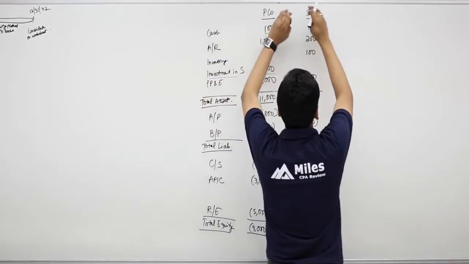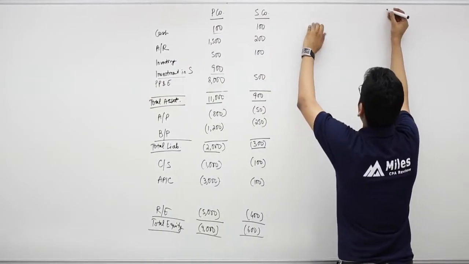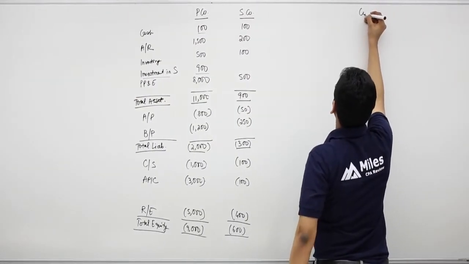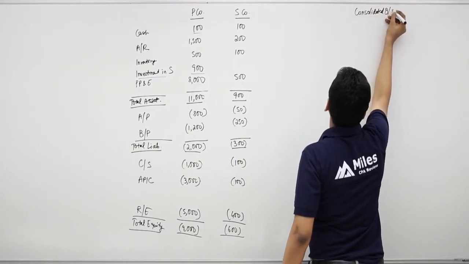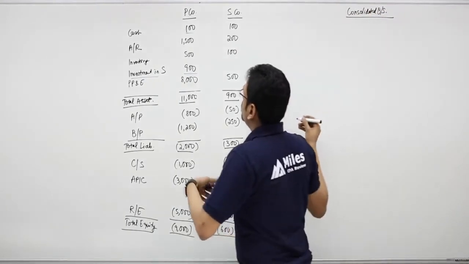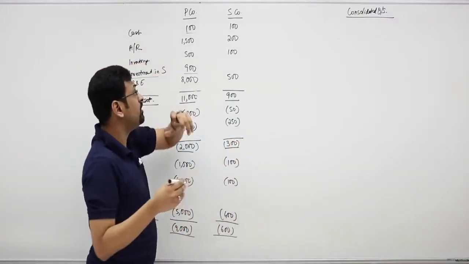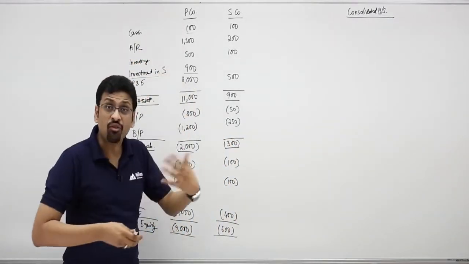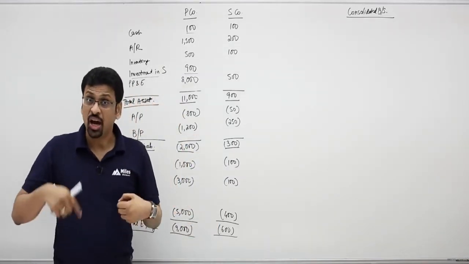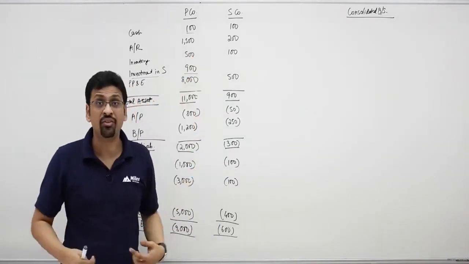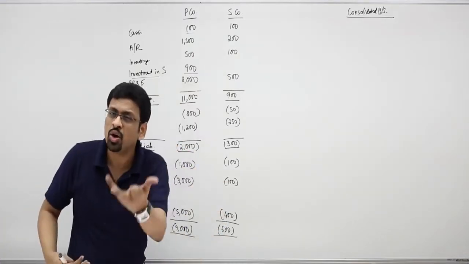So you've got the parent, you've got the sub, and now we're going to prepare consolidated financial statements. So the parent has got cash of $100. Subsidiary, they've got cash of another $100. So the parent is going to say, my cash $100, your cash $100, our cash $200.